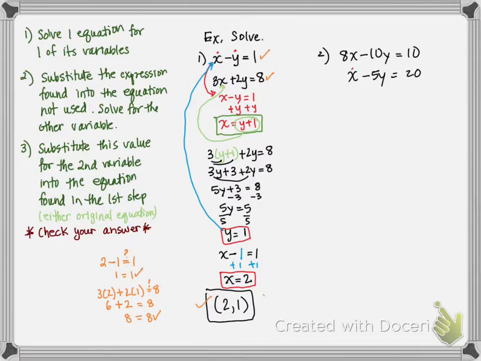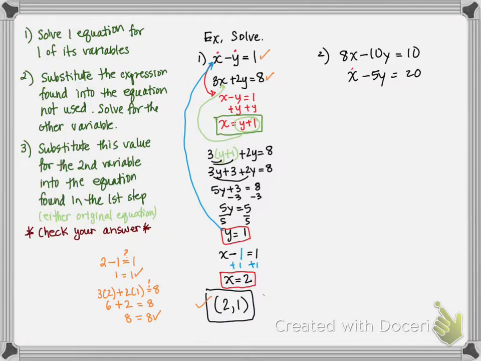So that's what I'm looking for to solve for. Now again, personally, I wouldn't use this strategy in this case. What I would use it for is if I was given 8x minus 10y equals 10 and x equals 5y plus 20. So that work's already done for me, okay?